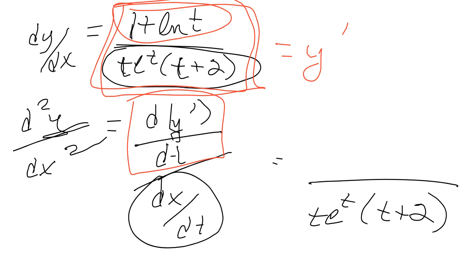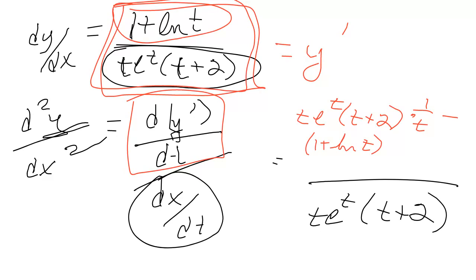So bottom times the derivative of the top. So t e to the t plus 2 times the derivative of the top, which is, derivative of 1 is 0, derivative of natural log of t is 1 over t, right? So the nice thing here, those t's will cancel out, minus the top, 1 plus natural log of t, times the derivative of the bottom. I need that in parentheses.